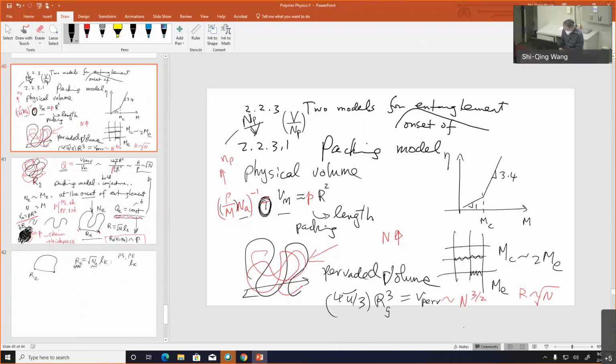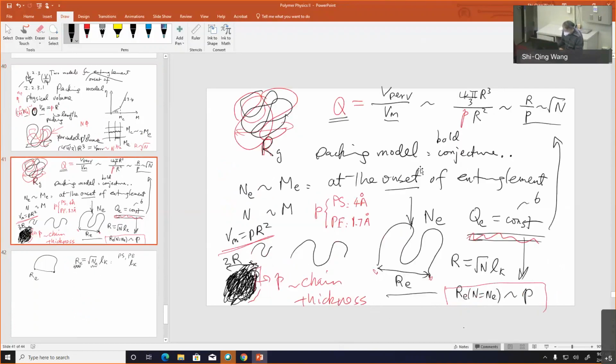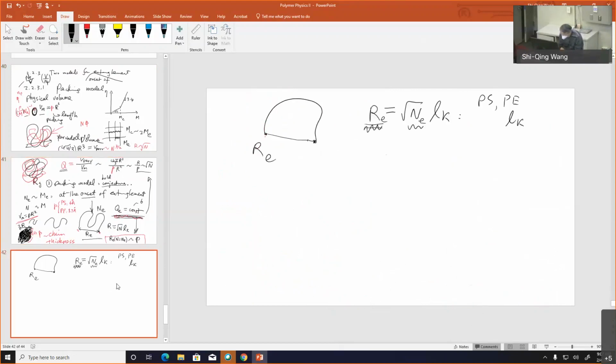The second point of this model is this conjecture. What is the conjecture? That this is constant. The third is all just the consequence. Now we have introduced what the packing length is and the concept of the conjecture. The rest is just further analysis of the consequences of this conjecture.